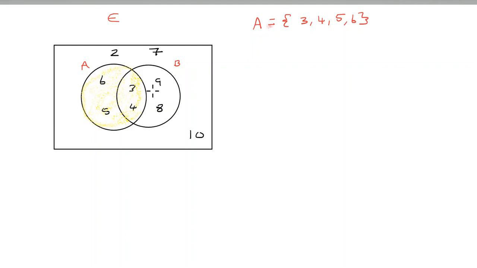You could be asked, what are the elements of B then? So again, you're just going to list everything here that's in B. It's going to be everything that's within B here.